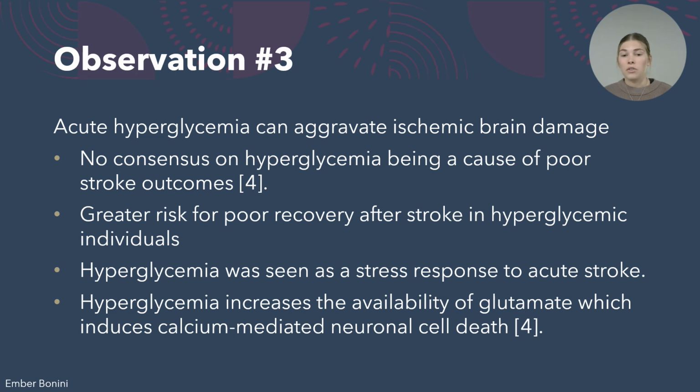This also increases the availability of glutamate, and glutamate has a direct increased response to calcium-mediated neuronal cell death, which obviously you don't want within the brain, as it can lead to different damaging functions and neurological damages to the body.